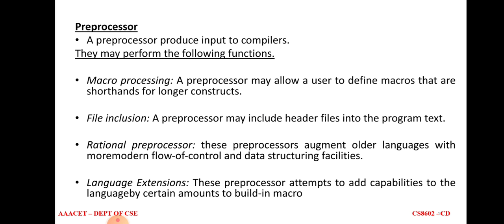This is done by file inclusion. The rational preprocessor augments older languages with flow of control and data structuring facilities. The final one is language extensions, which add capability to a language by using built-in macros. These are the four functions performed by the preprocessor.